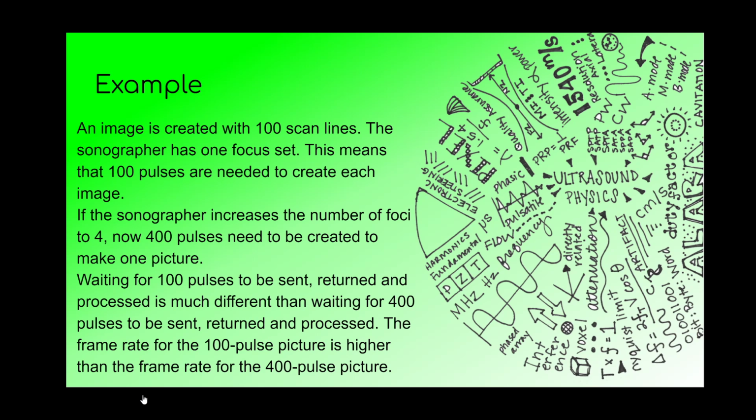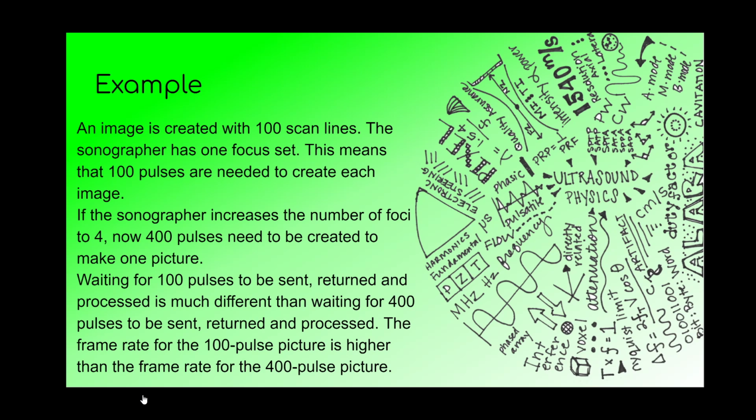If the sonographer decides to add in 3 more foci, so now we're up to 4, but we still have 100 scan lines, now we need 400 pulses to create one picture. The difference of waiting of 100 pulses versus 400 pulses to be sent is huge when we are seeing structures move very quickly. We are going to miss some of that information.